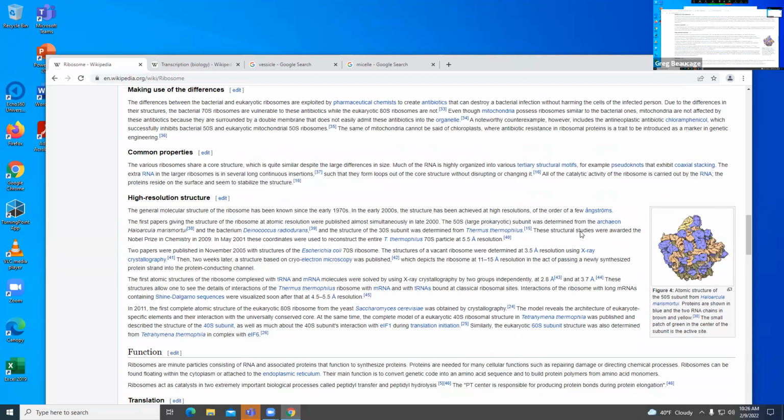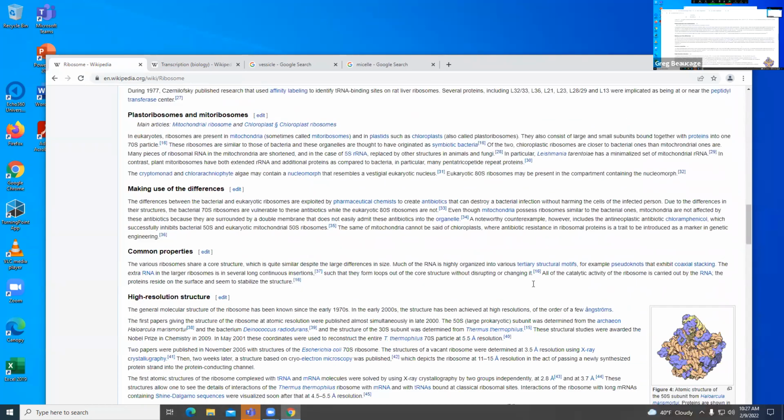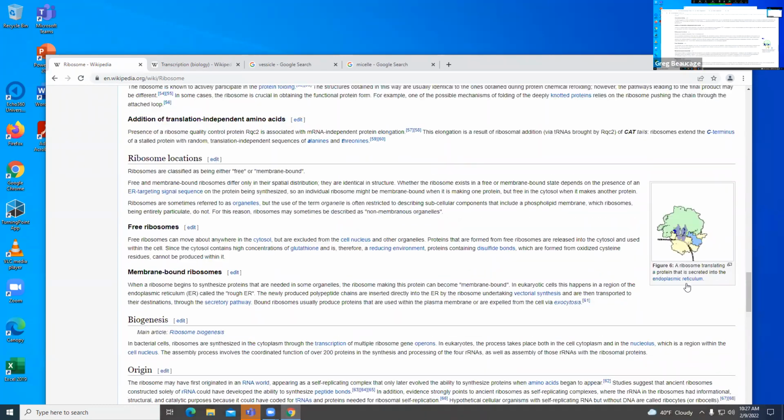It's got 2 proteins that fit together into this structure, and kind of in between the amino acids assemble into a protein, and this whole RNA thing happens. So I just wanted to show you that kind of in a speedo version. Oh, here it shows how it works, right?